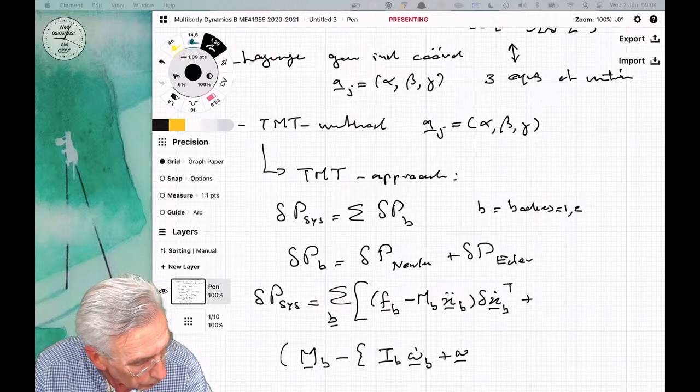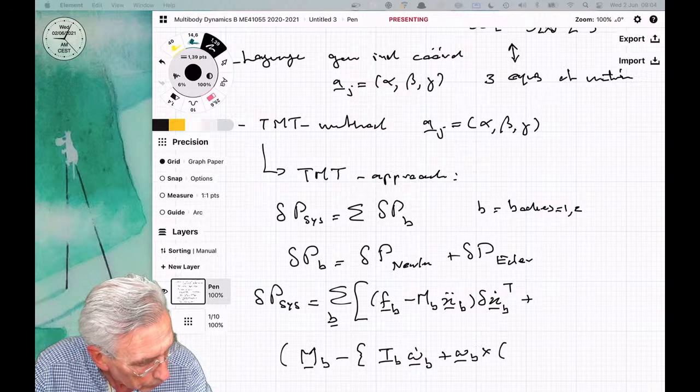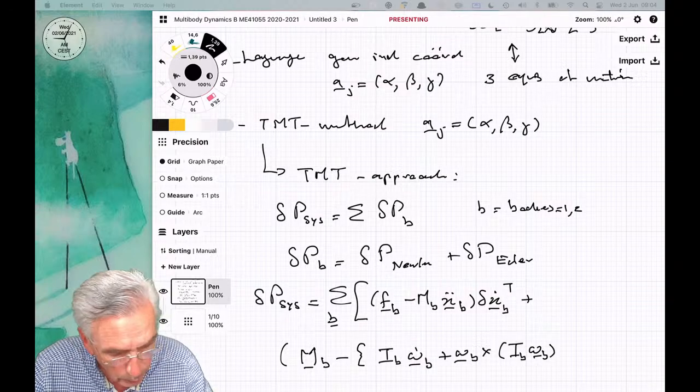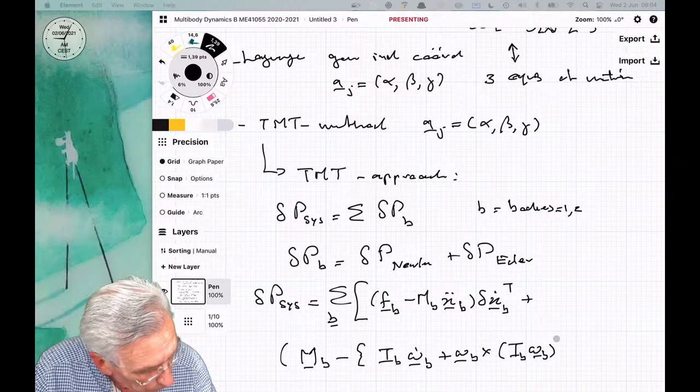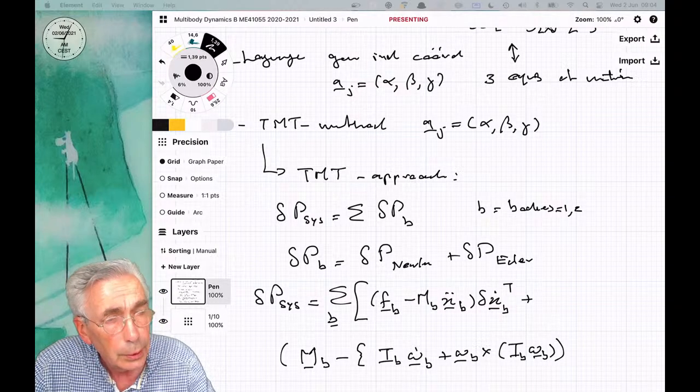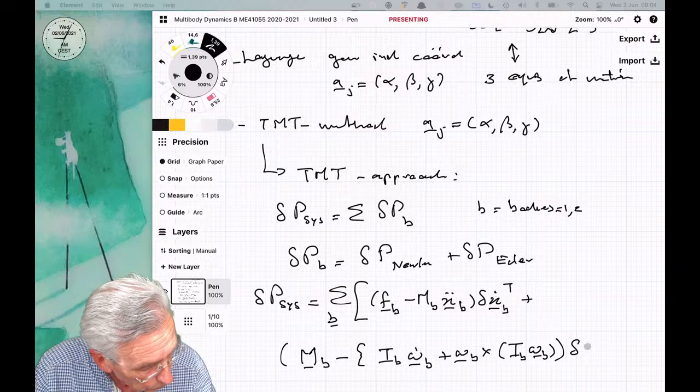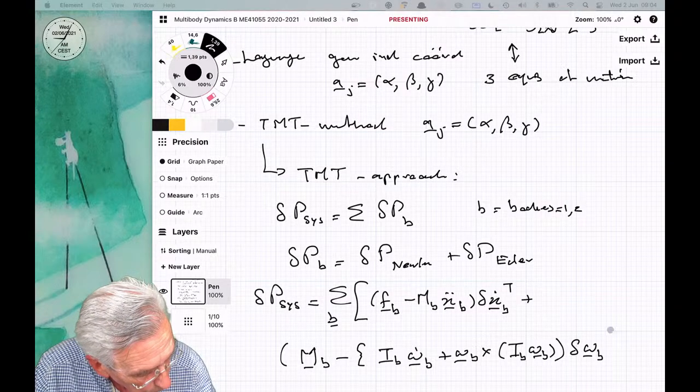So omega of the body cross, and then the angular momentum of the body. Close the bracket, and it's virtual power, right? So then we have to do times the virtual power of that body, and then we can close our bracket.